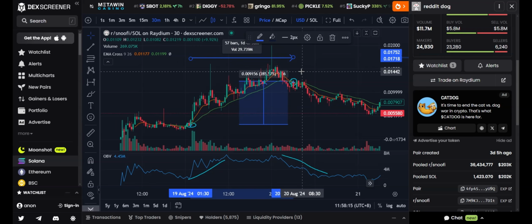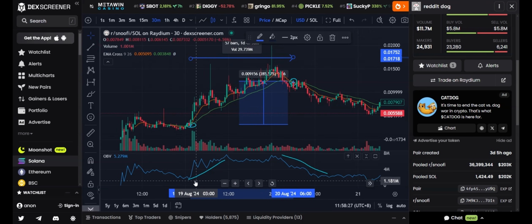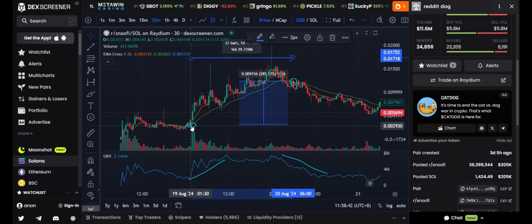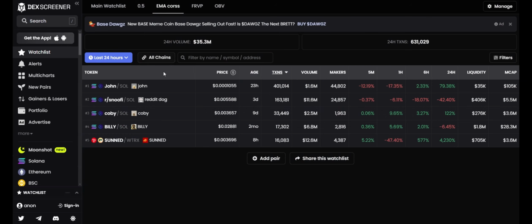Now, I'm not saying that this is flawless and it's going to work every single time, but the whole point about it is it gives you an edge on when to enter and when to exit, as long as you couple it with your volume, as long as you increase your probability of success by utilizing the on balance volume, the OBV, to basically confirm your entries and confirm your exits. Okay, very, very effective. So we'll look at another one.